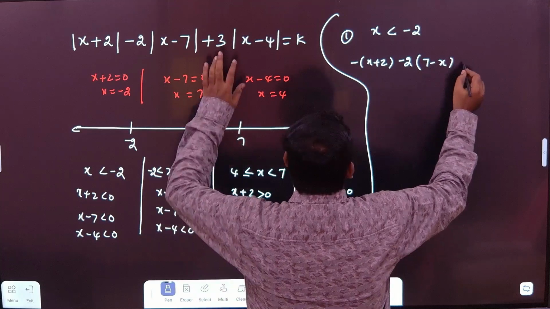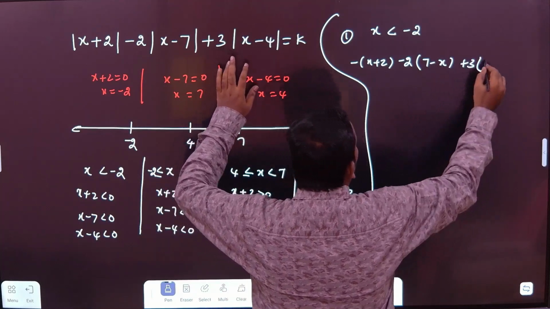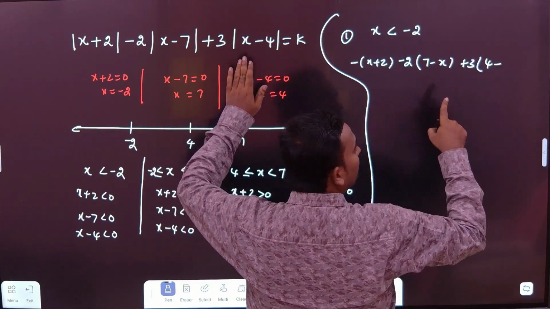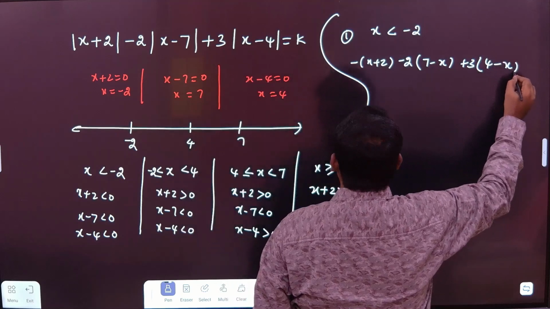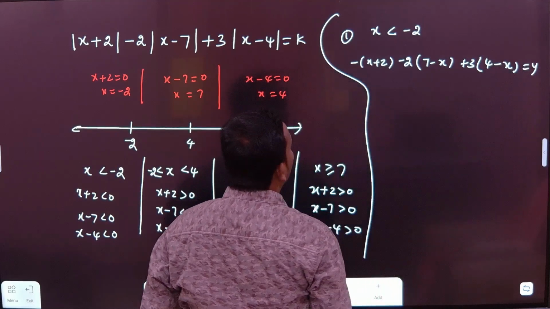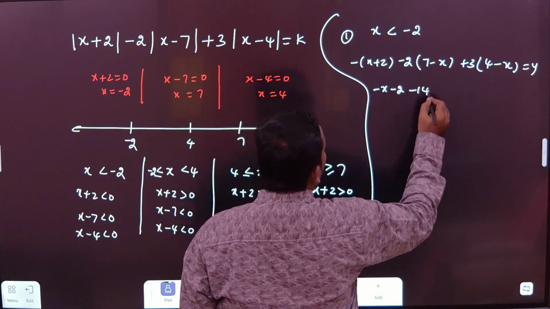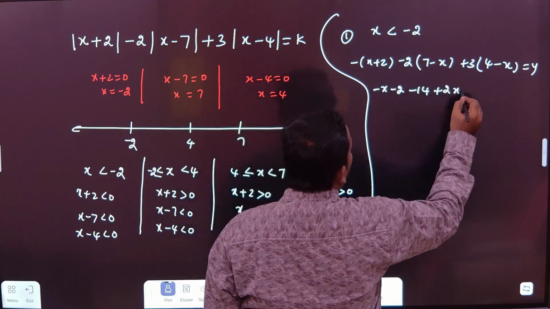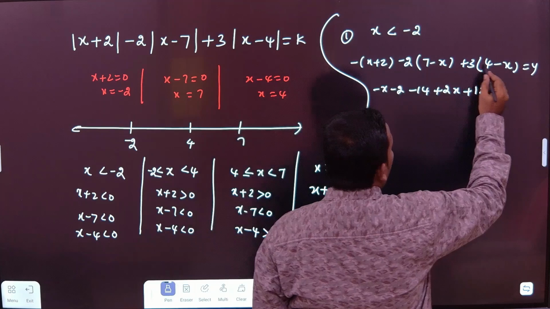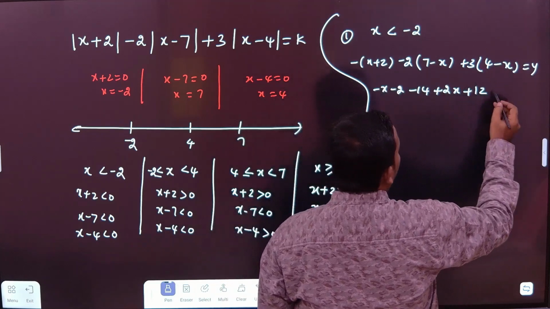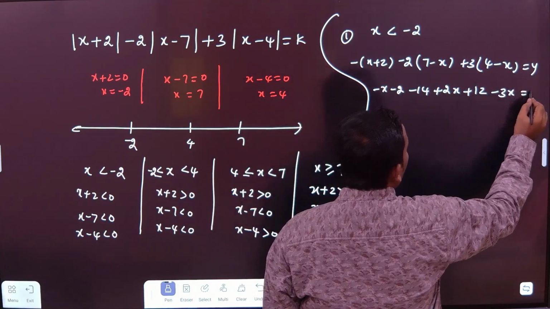Plus 3 times minus of (x - 4), that means 4 - x. This is y. So you can simplify this: -x - 2 - 14 + 12 - 3x = y.